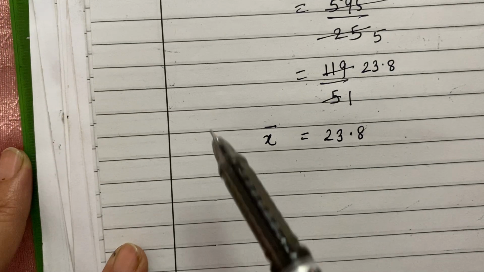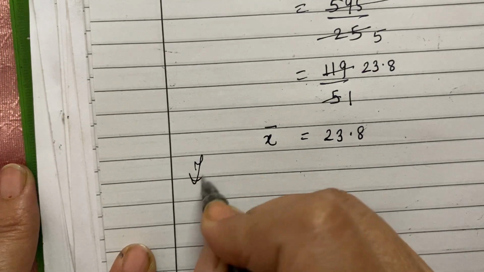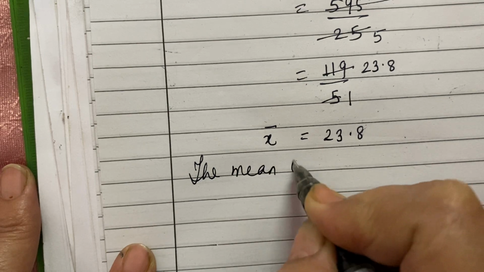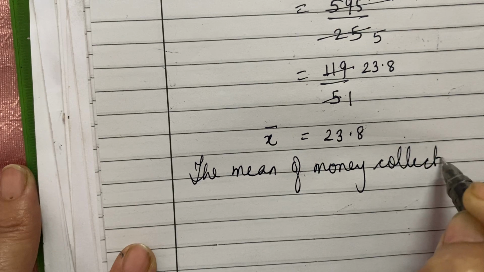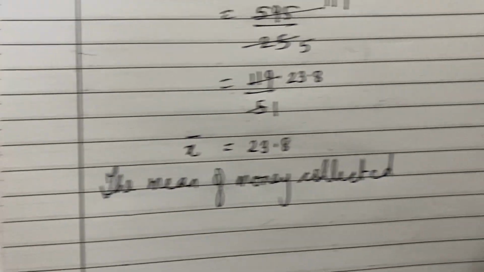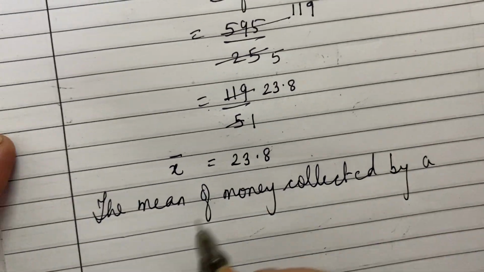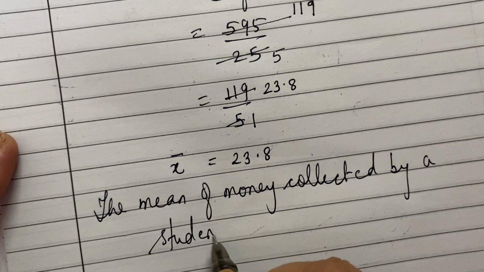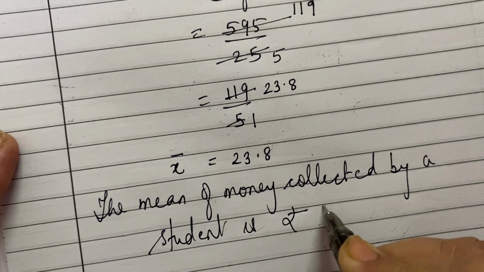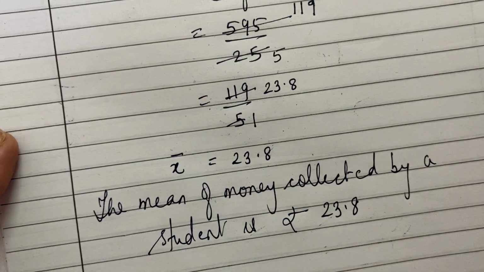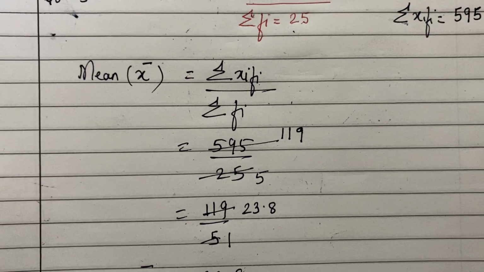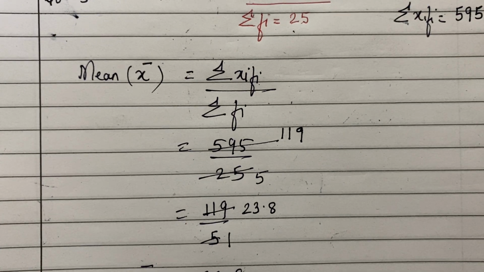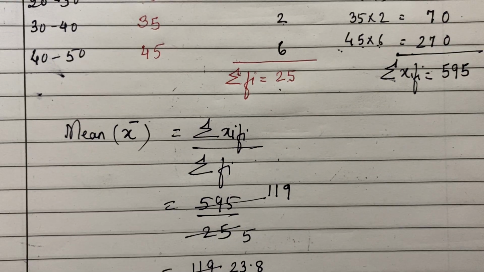So the mean of money collected by a student is rupees 23.80. Okay, so this is the direct method of finding out mean. In the next video we will discuss the second method of finding out mean, that is by assumed mean method.